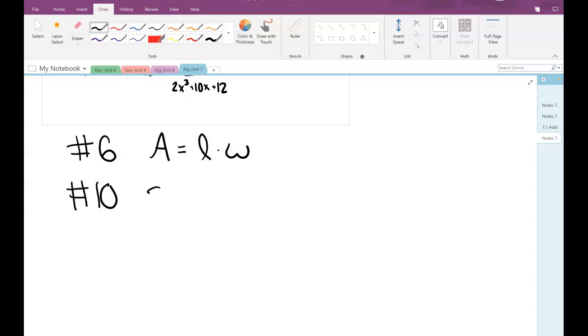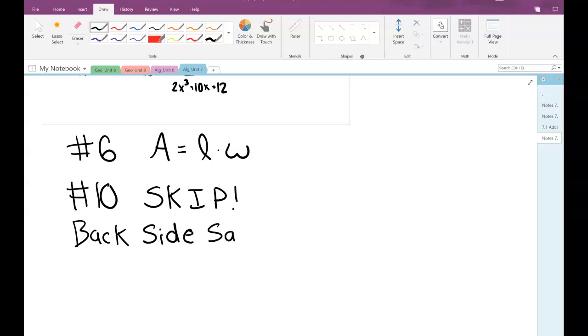Number 10, you're going to skip entirely. And there are problems on the back, but the back side, save for Monday. That'll be your practice assignment for Monday.